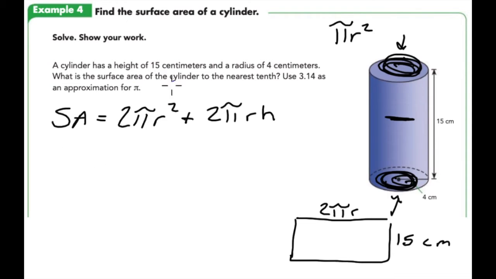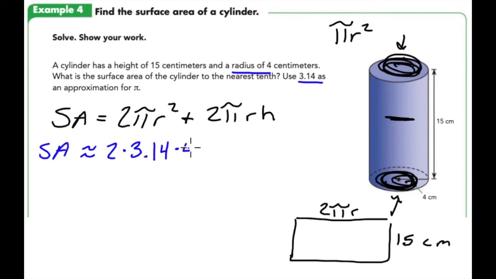In this problem, we're going to use 3.14 as pi. So I'm going to rewrite this as surface area is approximately 2 times 3.14 times radius squared. Our radius was 4. It also says it up here.